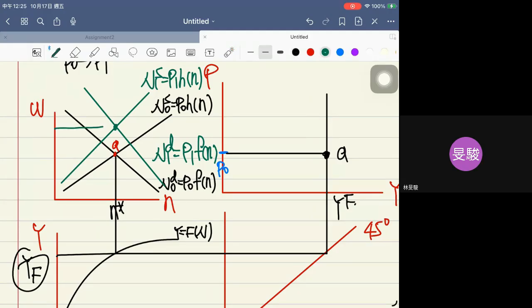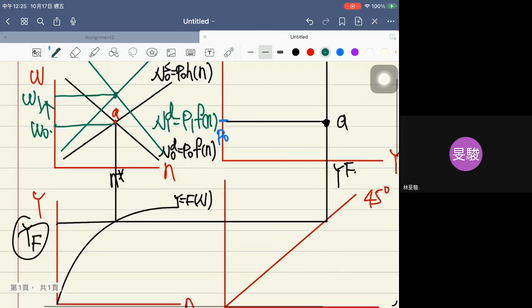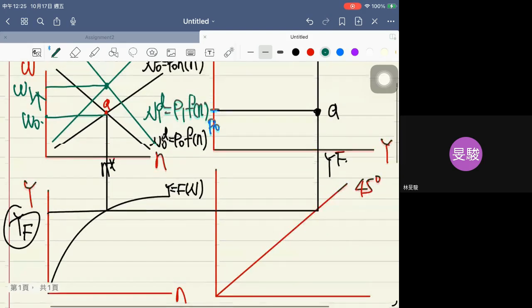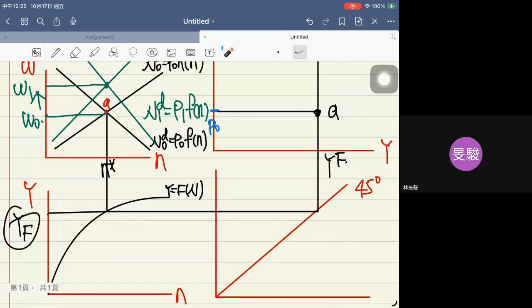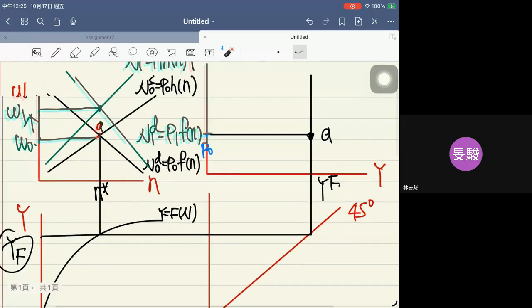The nominal wage increases from W0 to W1. Employment is unchanged, so YF is also unchanged.